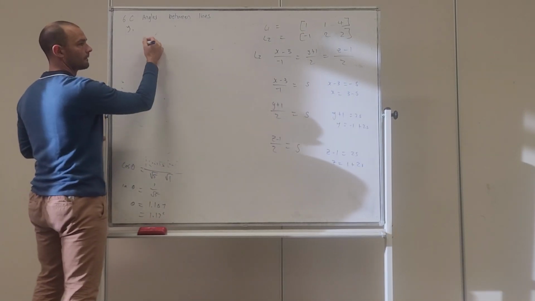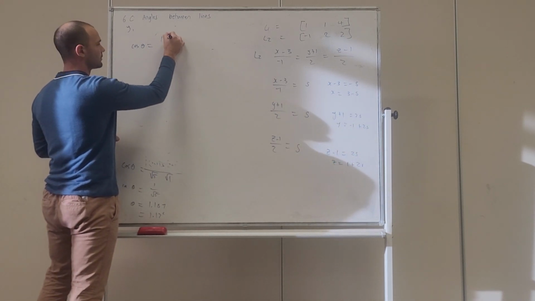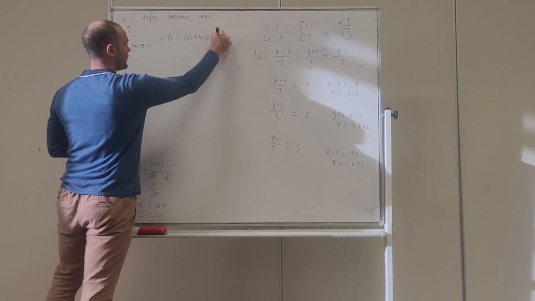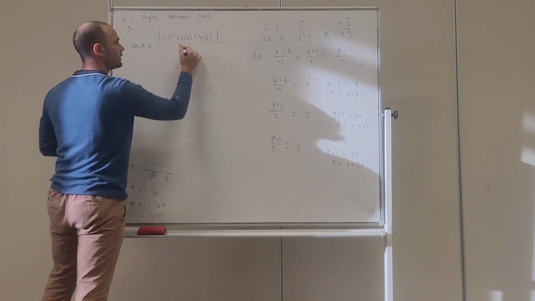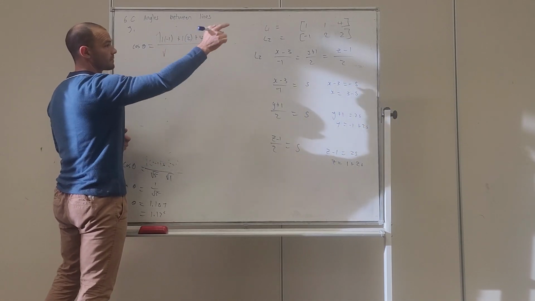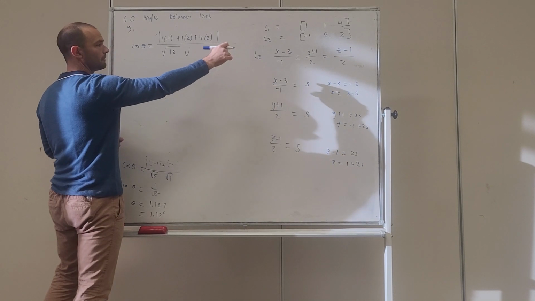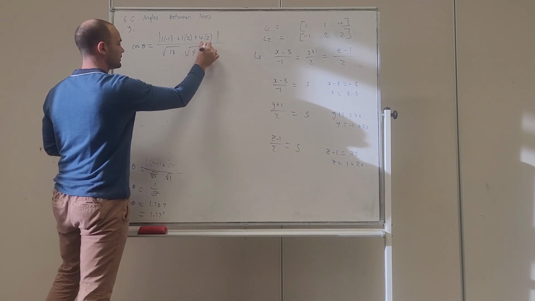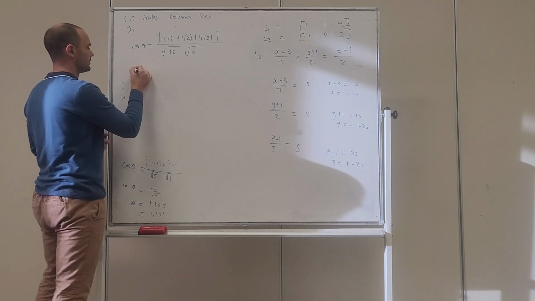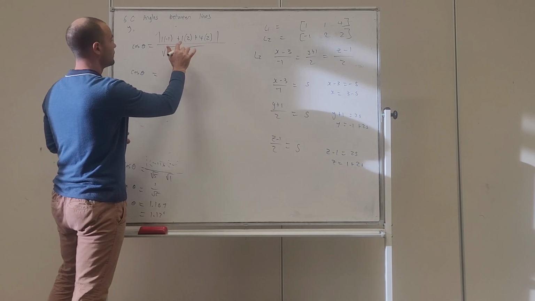So we'll have cos theta equals now the dot product and then the modulus of it. Modulus of the first vector, so what's that, 1, 1, and 16 is root 18. And the second vector, 1, 4, and 4 is 9. So what have we got here?